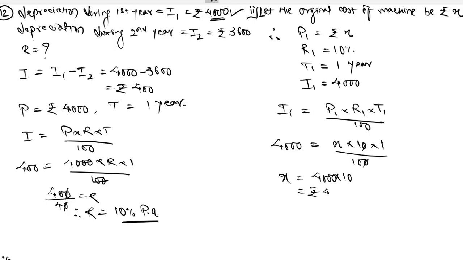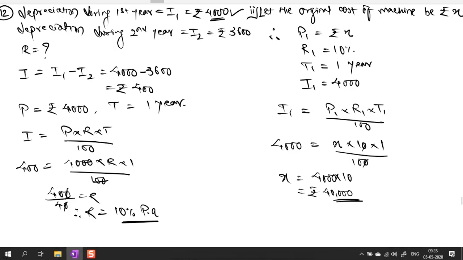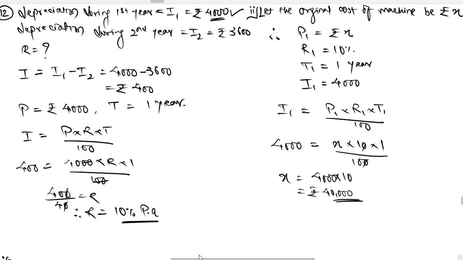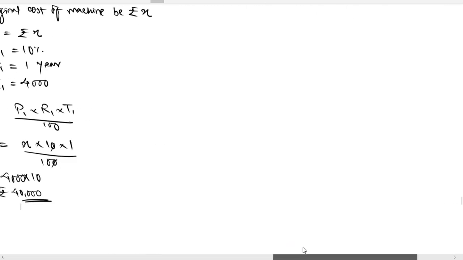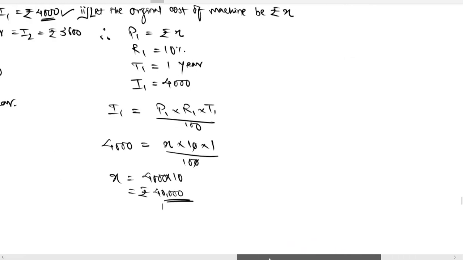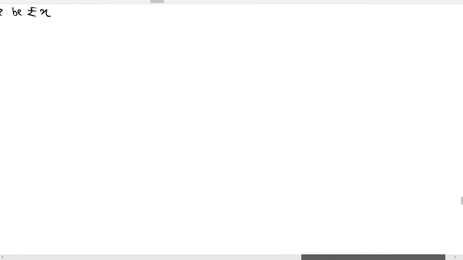That is rupees 40,000. This is the original cost of the machine, rupees 40,000. And we have to find the cost of the machine at the end of 3rd year. We can do it directly, we don't have to do it year by year.